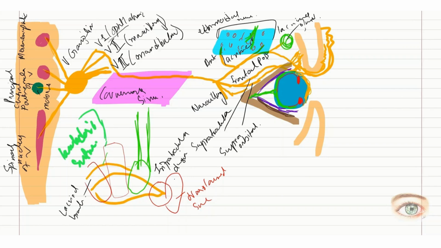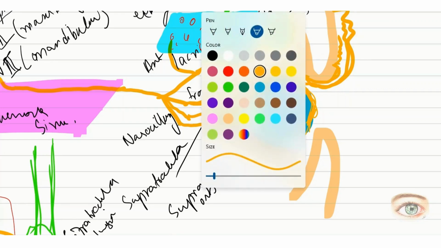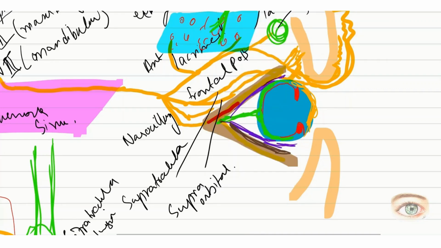Now, the branches of the nasociliary nerve will travel along only the sympathetic superior fibers, and there is the second branch which will travel along the sympathetic and parasympathetic bundle, and this is a nasociliary branch traveling along them.